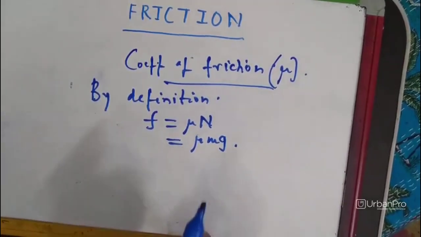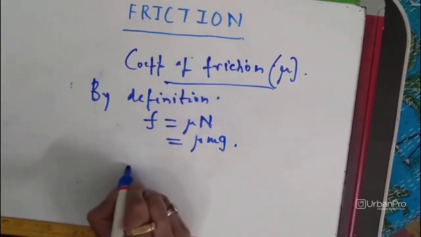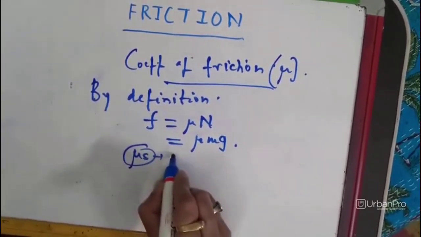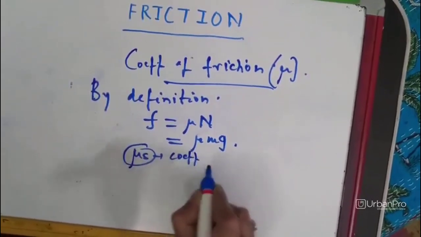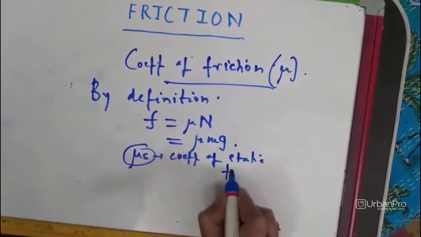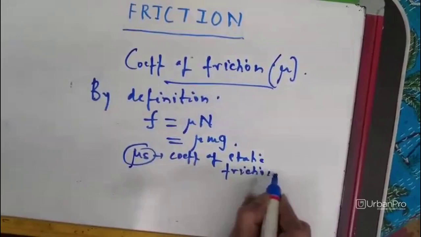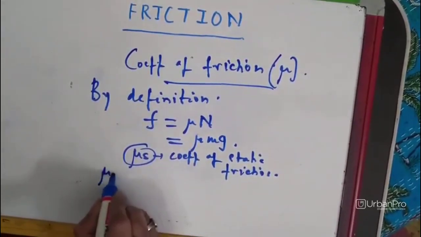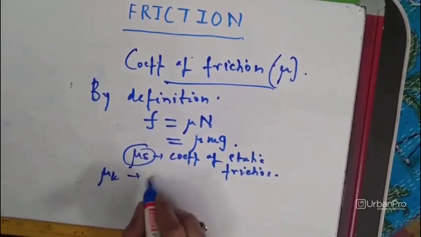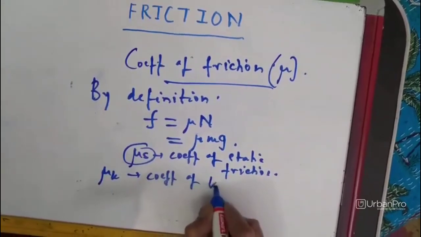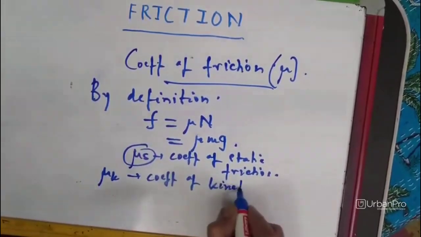If the body is at rest, the mu is called mu s, which is the coefficient of static friction. If the body starts moving, then it becomes kinetic. So it is mu k, which is the coefficient of kinetic friction.